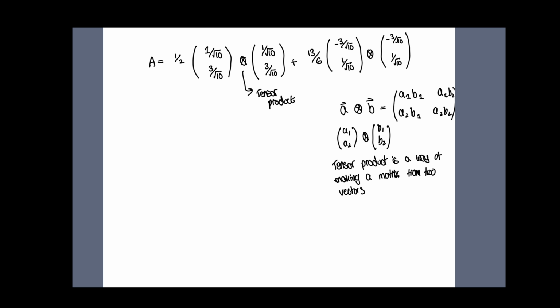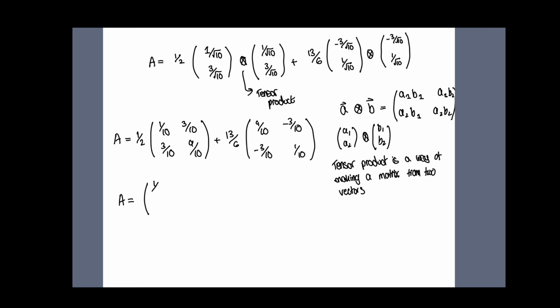So if we use this formula, we get a half times 1 over 10, 3 over 10, 3 over 10, 9 over 10, plus 13 over 6 times 9 over 10, minus 3 over 10, minus 3 over 10, 1 over 10.